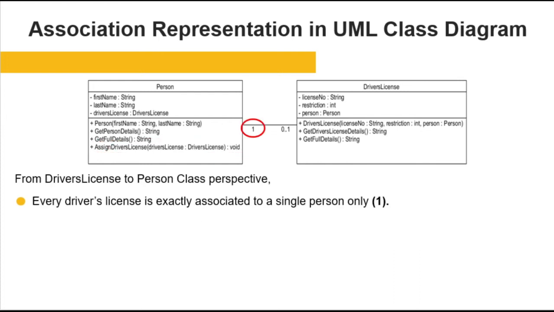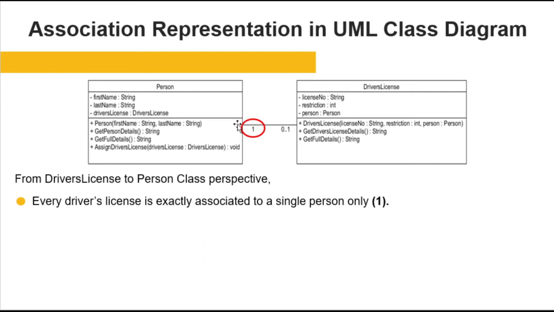Now, from the driver's license to person class perspective. Earlier, we discussed the person to driver's license perspective in terms of association. This time, we will discuss the driver's license to person class perspective.